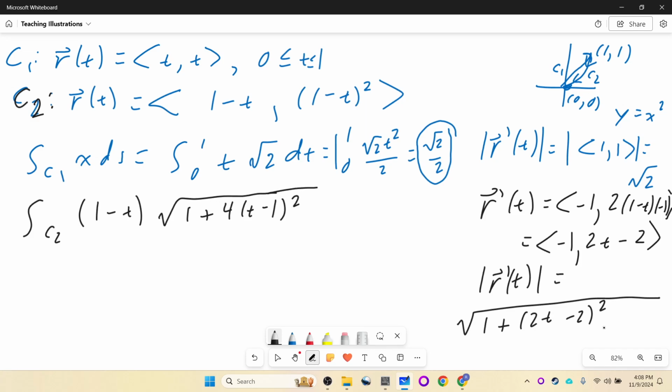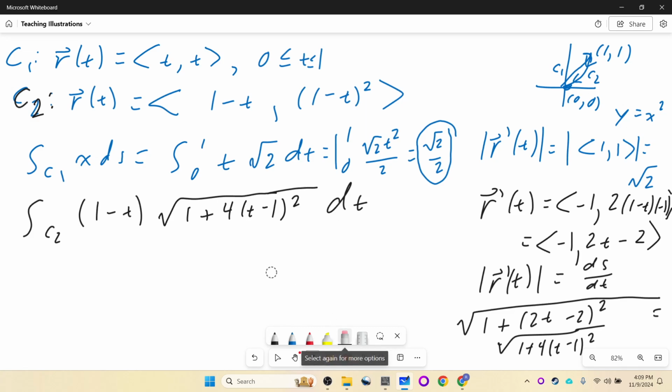If I factor the 2 out of this, it becomes a 4. And then that's the dt. So r prime of t is the same as ds over dt, so multiply by the r prime and it replaces it. Yeah, okay, I said it backwards earlier. Now t will go from 0 to 1. So this problem's a little ugly. I'm going to erase some stuff, so take a screenshot if you need to.